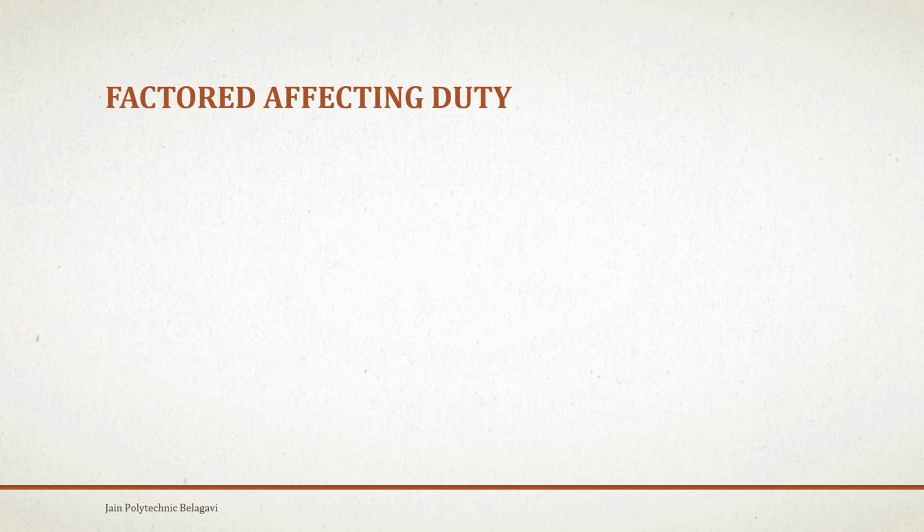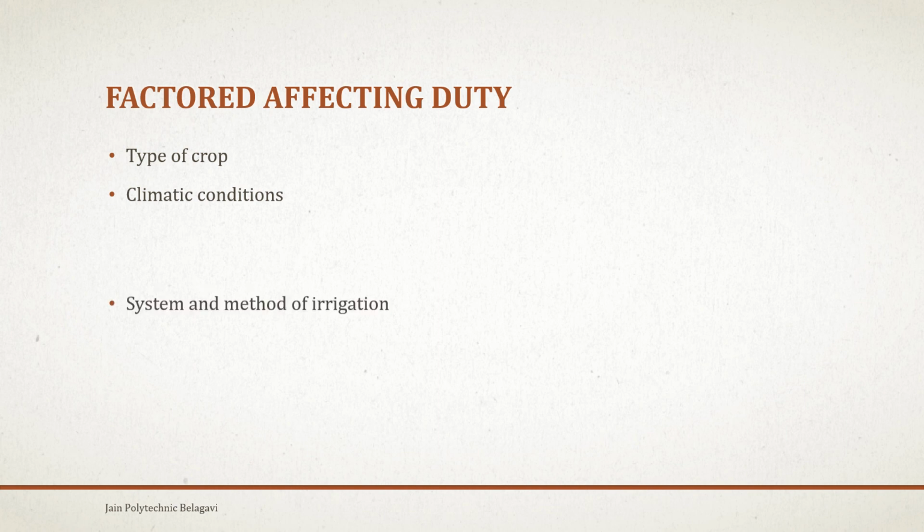So next we'll discuss the factors affecting duty. The types of the crops, it might be regular crops or cash crops. Climatic conditions: if it is rainy, then we don't require much water to be supplied using the canals or channels.